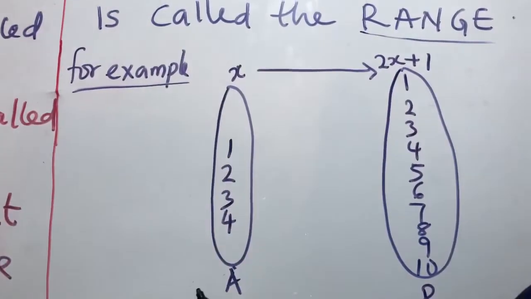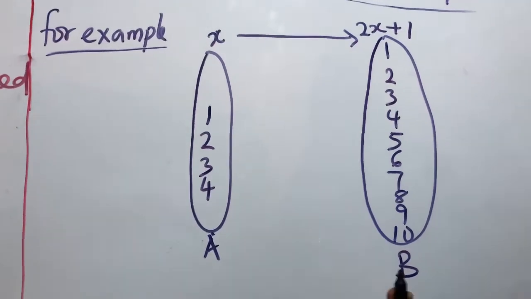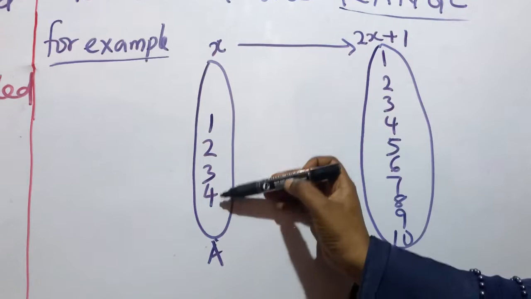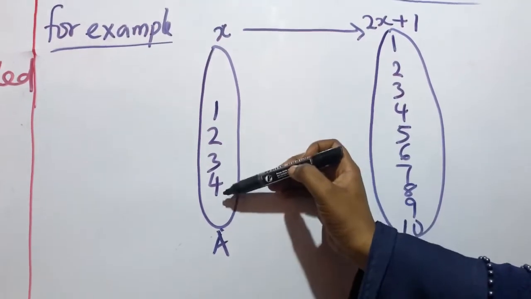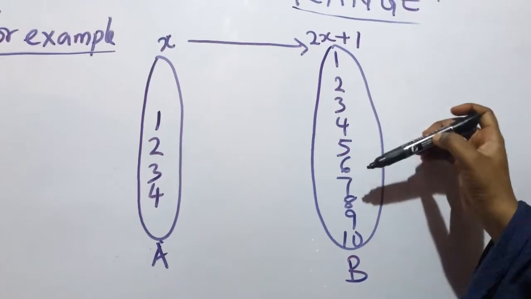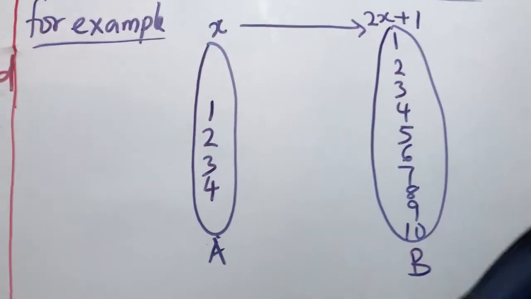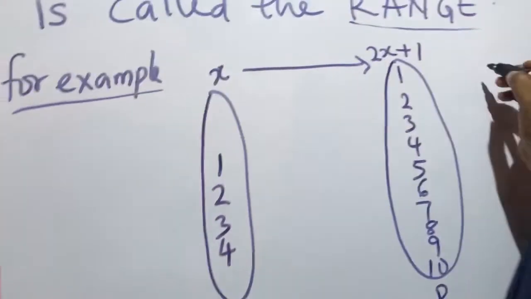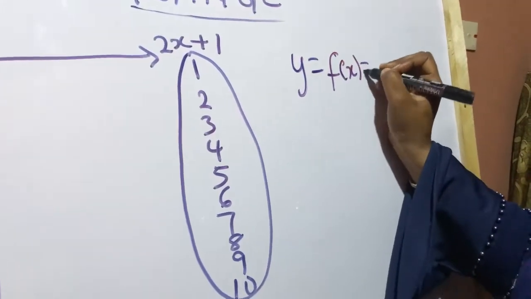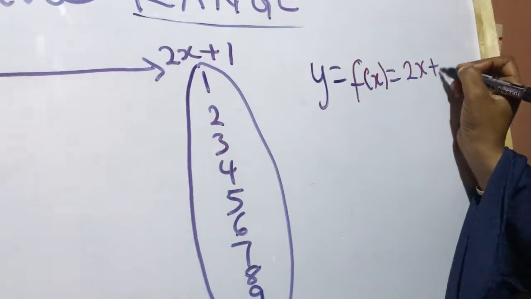So for example, let's say we are given two non-empty sets A and B. The elements of set A are 1, 2, 3, 4, and the elements of set B are 1, 2, 3, 4, 5, 6, 7, 8, 9, 10. And the function, that is y is equal to f of x, which is equal to 2x plus 1.